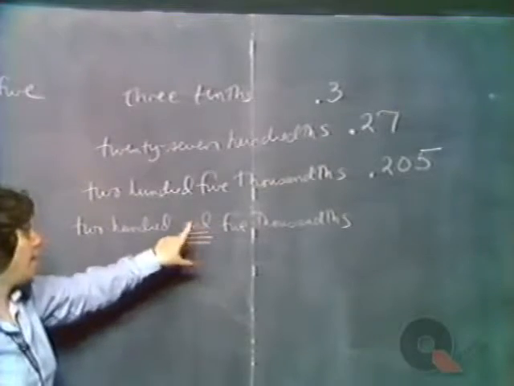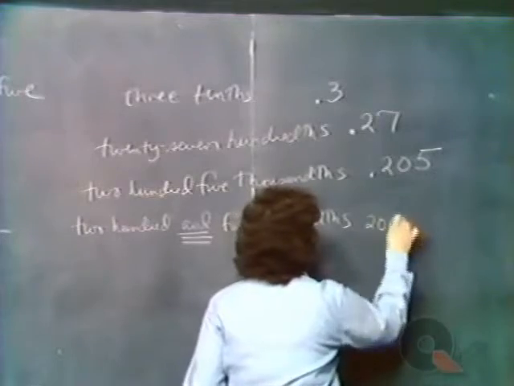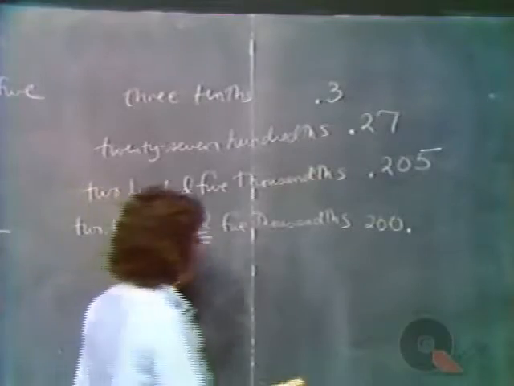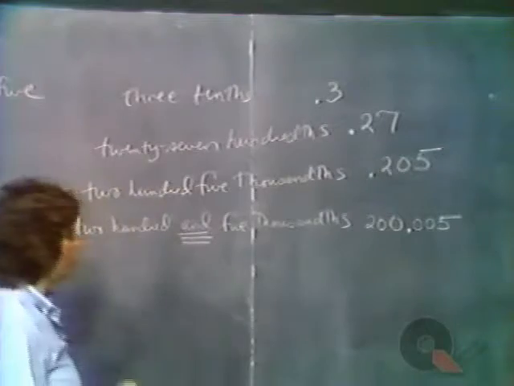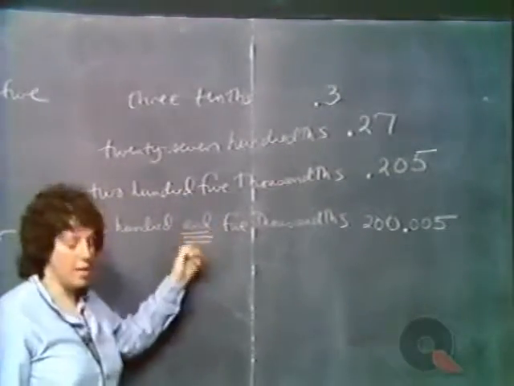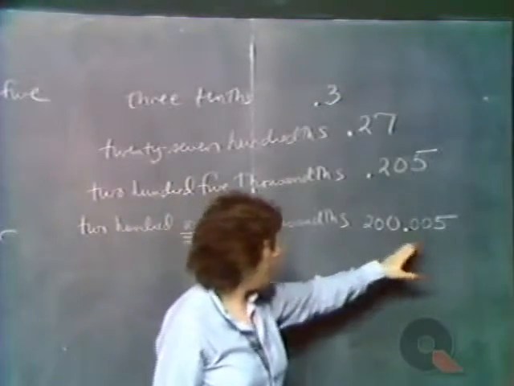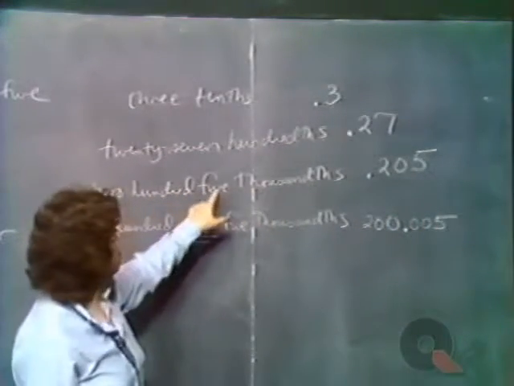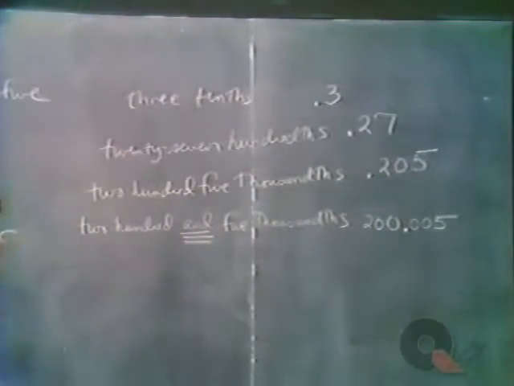If you see the and, that's where you put the decimal point. So 200 means 200 to the left of the decimal point. Think of the and as a decimal point, and 5 thousandths. This is the convention that we're going to be using. All the numbers are written without the word and, except that they want a decimal point. So 200 and 5 thousandths means 200, now decimal point, plus now 5 thousandths, while 205 thousandths means 205 after the decimal point.